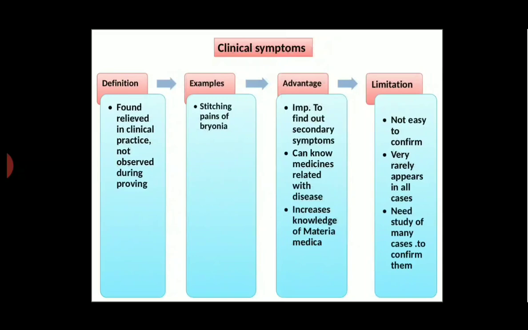Advantage is it is important to find out secondary symptoms, can know medicines related with the disease, and it increases the knowledge of Materia Medica. Limitation: not easy to confirm, very rarely appears in all cases, needs study of many cases to confirm them.